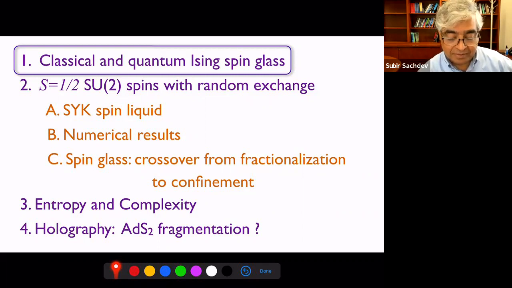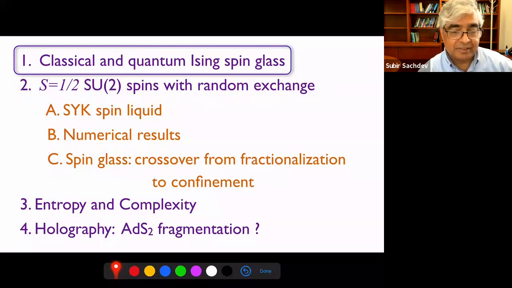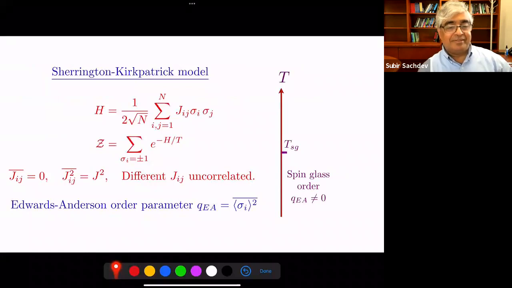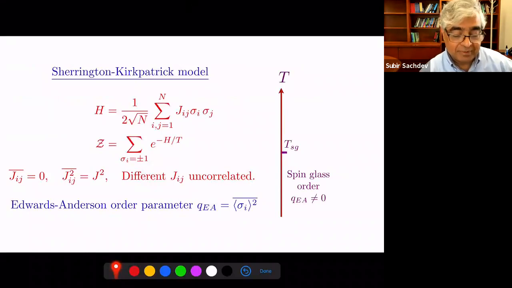And towards the end, since I'm at a string conference, I will argue that there are also some interesting connections to things that have been discussed in holography and black holes, in particular the old idea of AdS fragmentation.